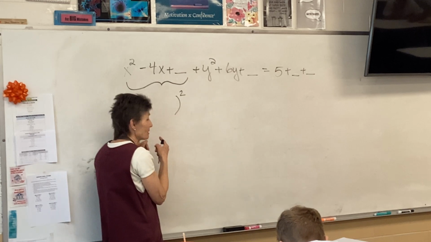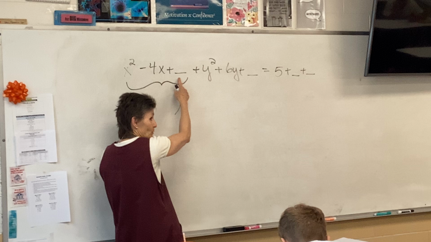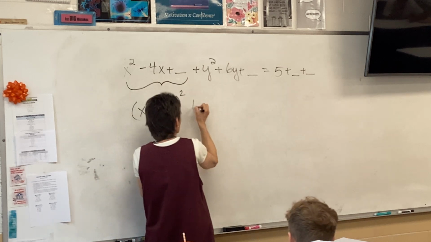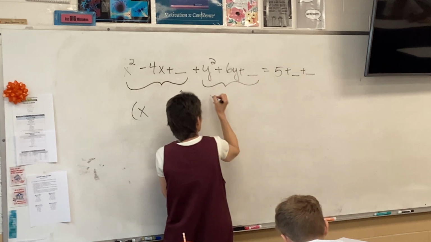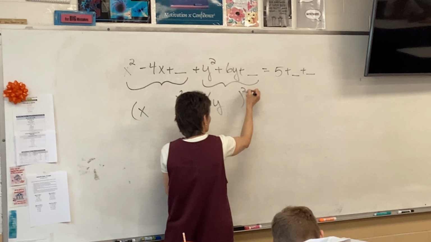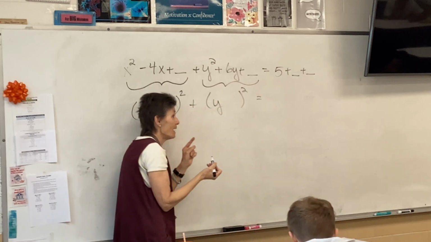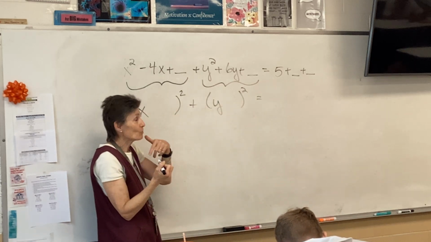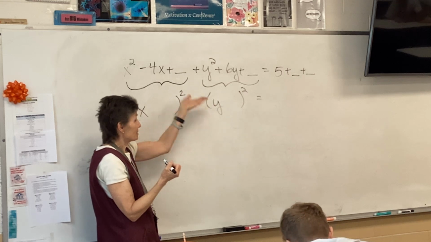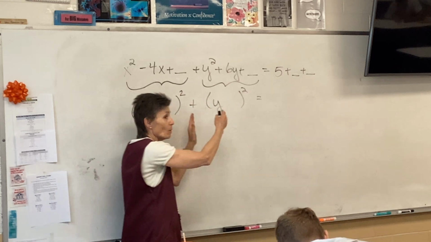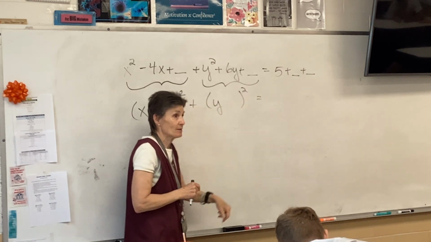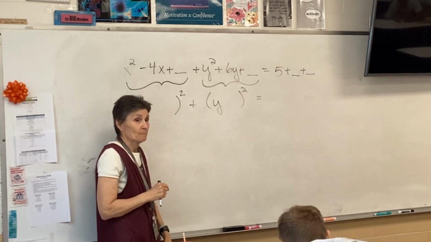You're gonna make it, but you need a special number to make that happen. And then you're gonna do exactly the same thing with your y's. And of course, whatever you add to this side to make those squares, we have to add to the other side too, because it's an equation.